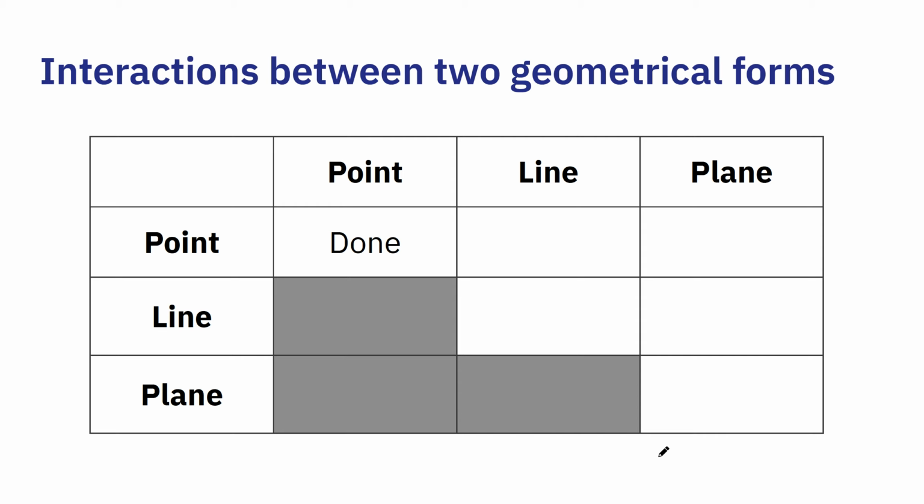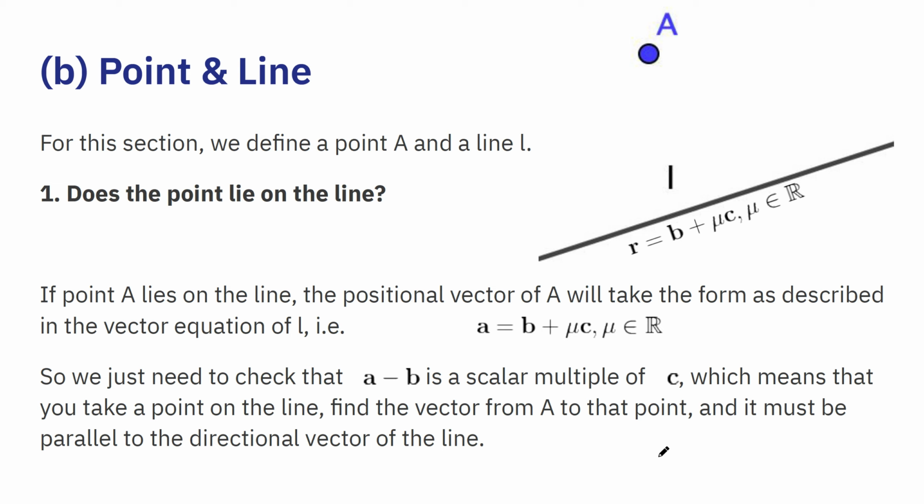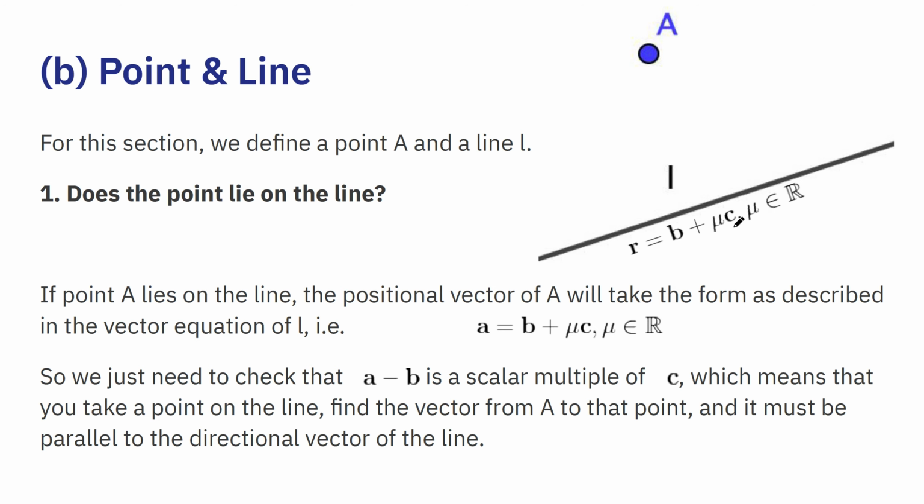Next we'll be moving on to the interactions between a point and a line. Firstly, we define a point A, as we see over here, and a line L. The line is a straight line here with vector equation r equals b plus mu c. The first kind of question they can ask is if the point lies on the line.